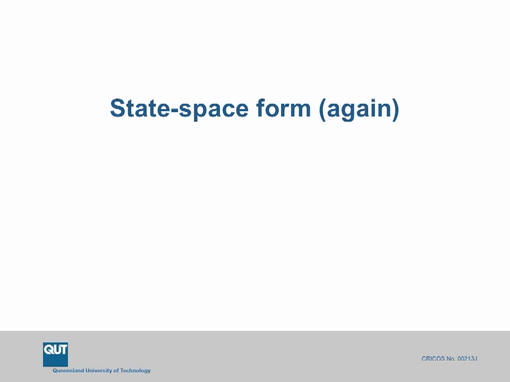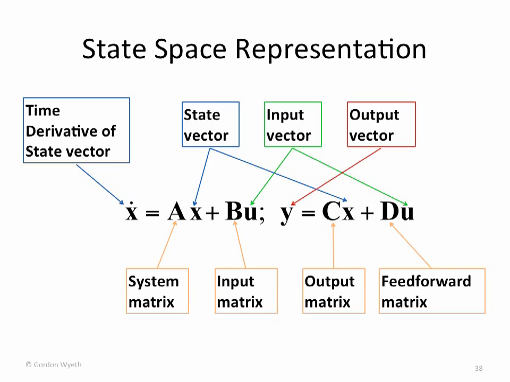And D very, very rarely exists in most systems that you'll ever come across. D is almost always 0, and it's much, much easier if it's 0. So the C matrix says how the states are connected to the outputs. And I think he talked a little bit about how you convert a transfer function to a state space system in sort of phase variable form.